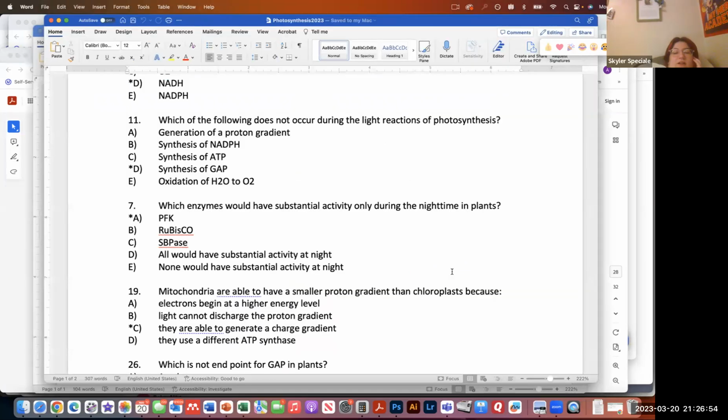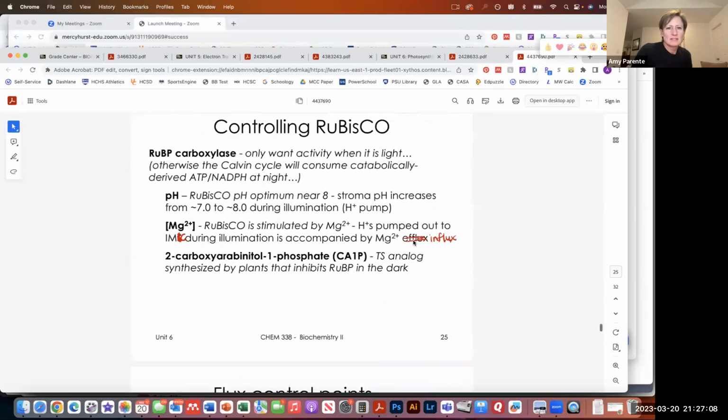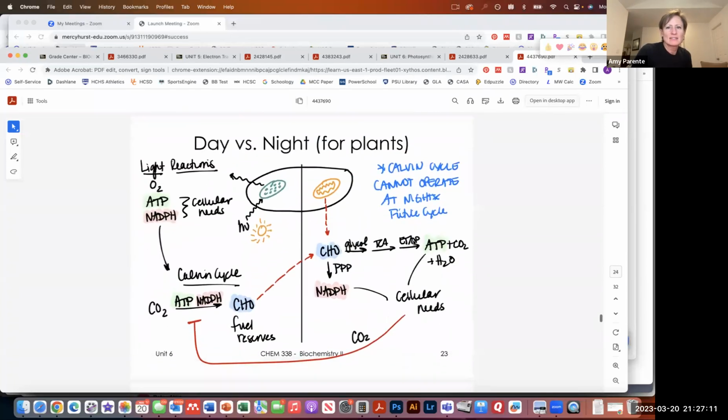Yeah, I think I couldn't remember if it was day or night where PFK was activated. Yep. So if you want to just think of it, I'm going to flip back here for a second. This slide reminds us that the Calvin cycle is not going to be able to operate at night. So during the day, plants use their chloroplasts.